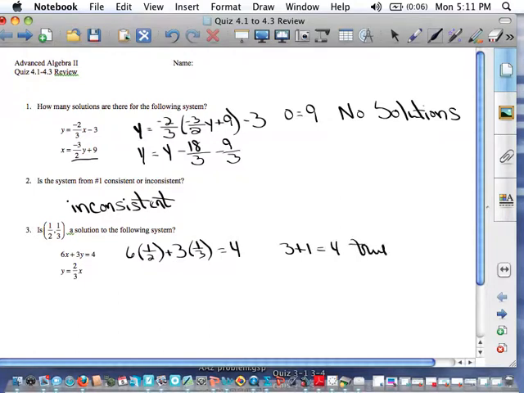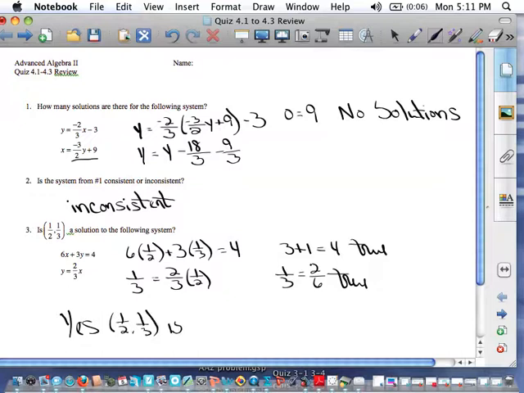For the second one, you have 1/3 is equal to 2/3 times 1/2. So 1/3 is equal to 2/6. That is also true. So the answer would be yes, 1/2, 1/3 is a solution to the system.